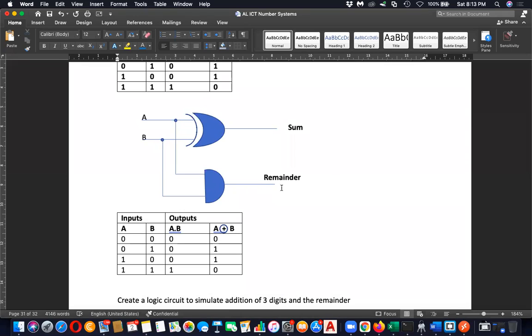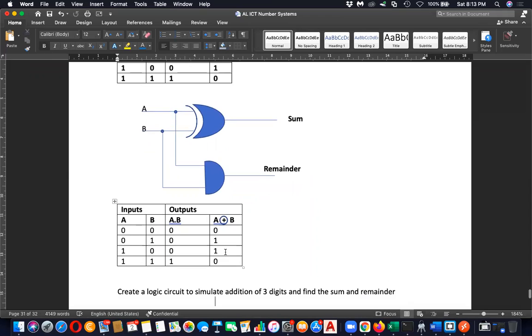Now you have to add 3 digits and find the sum and the remainder. So this is for 2 digits. Try it for 3 digits.